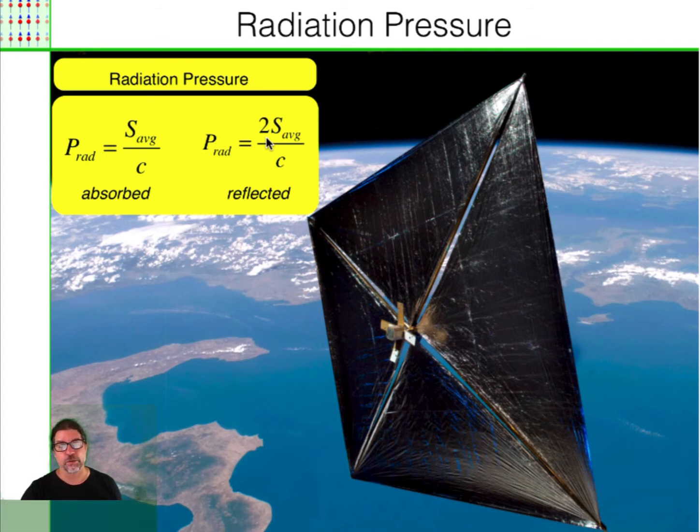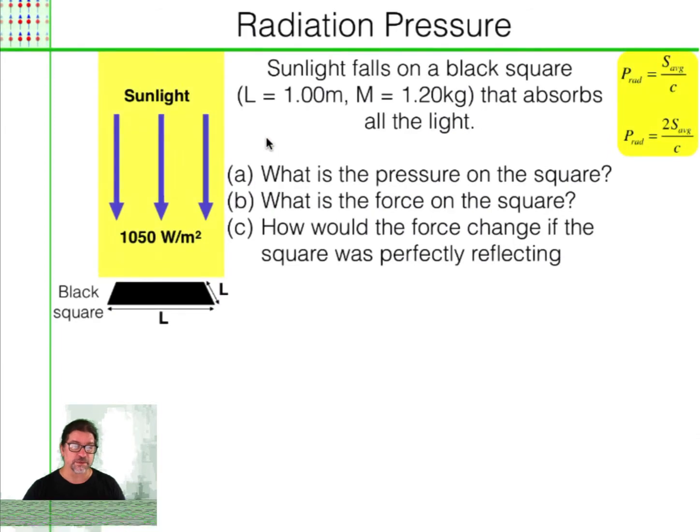If I open a sail and reflect sunlight off of it, it'll get twice as much pressure than if I absorb it. So here is the pressure if I have a solar sail that reflects all the light, and here's the pressure if it absorbs all the light. Light hitting something will exert a force on it. It doesn't have mass, but it does carry some form of momentum, and it can exert a force on things. And we can do some cool examples of that.